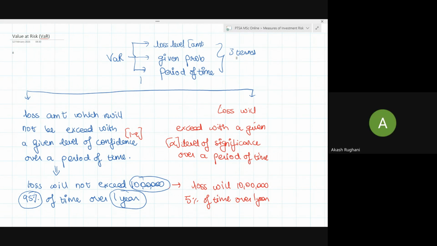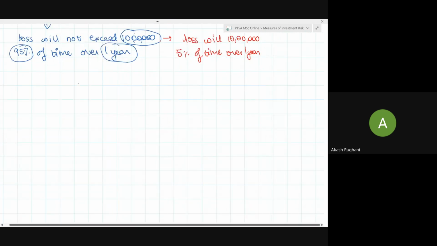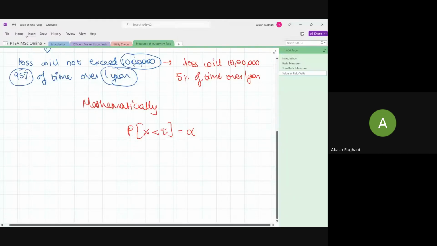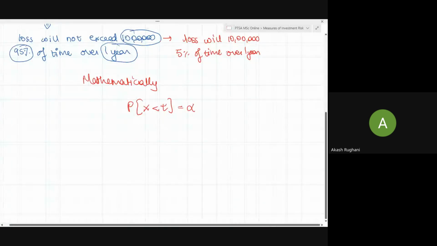Okay. So now how do you find it mathematically? If you have to find VAR, let's say probability of x less than t will be equal to alpha. Now typically, guys, alpha will be given in the question. The distribution of x will be given in the question.